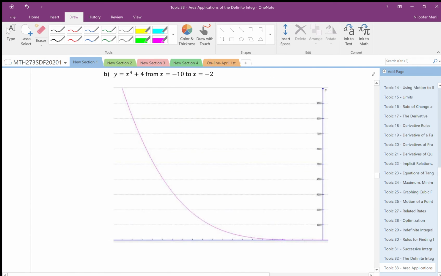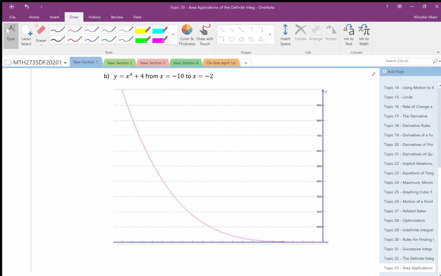Okay, so how about here? Because I have the picture, I can say from here to minus 2. Where is minus 2? Here.